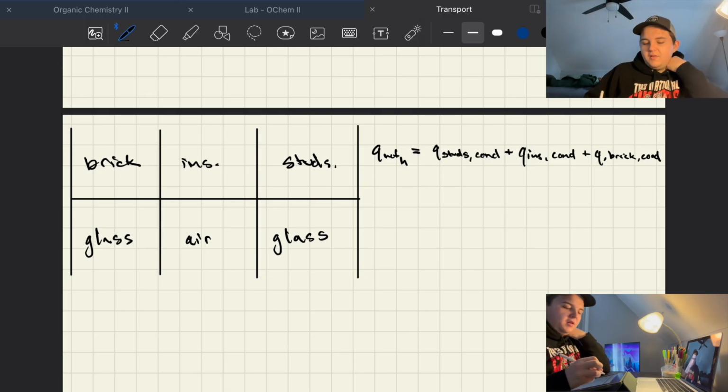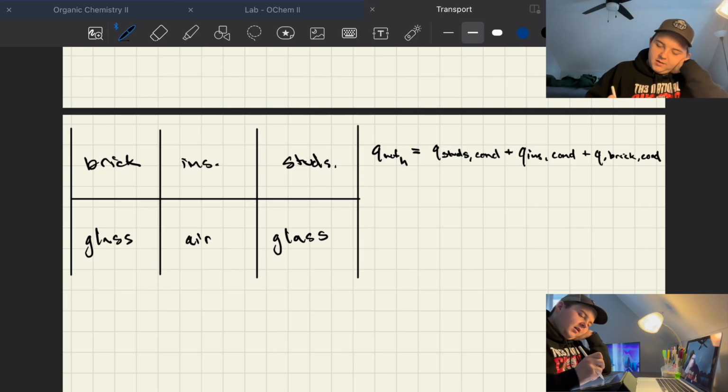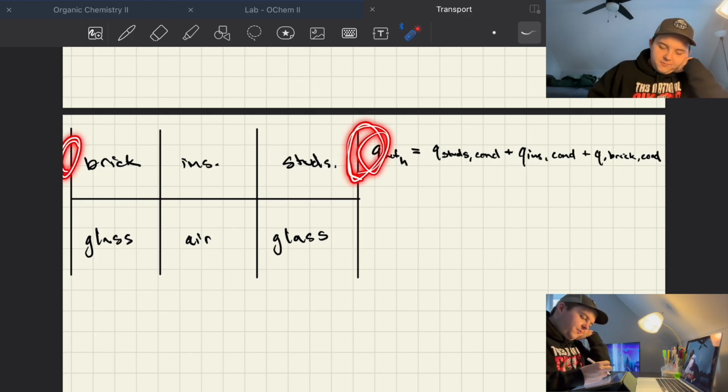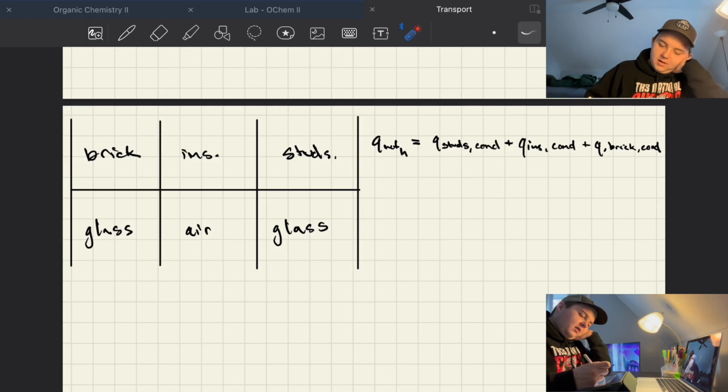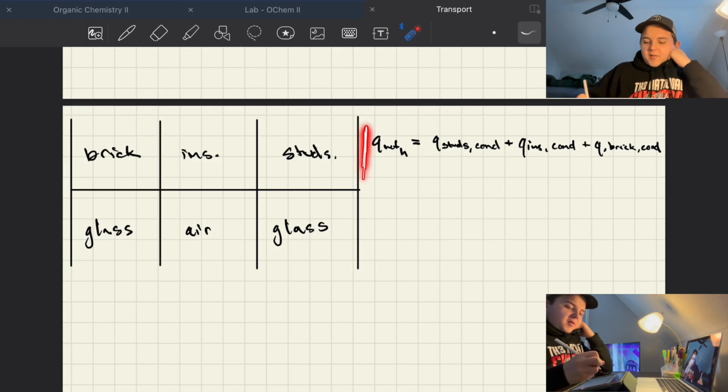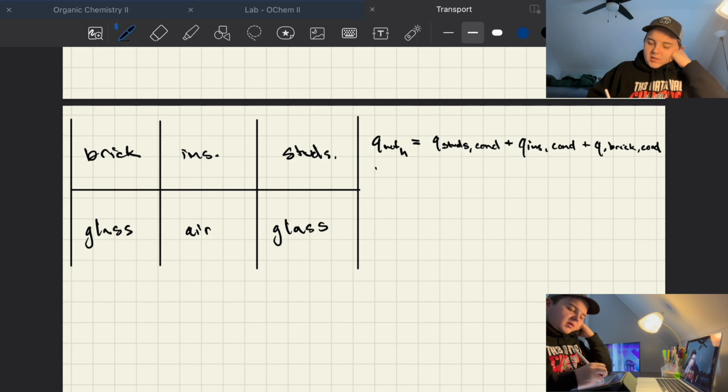And then what we have to not forget is these outside areas like here and here, so we got to make sure we add in the outside of our house and the inside. Let's just call it inside and outside. So we'll have plus Q inside, and that won't be conduction, that will be convection, and then same with outside.